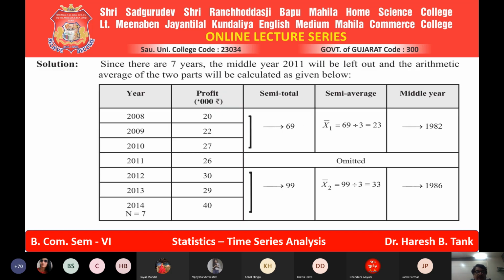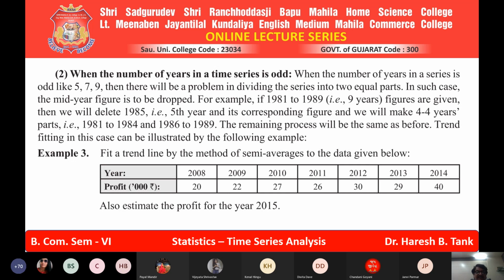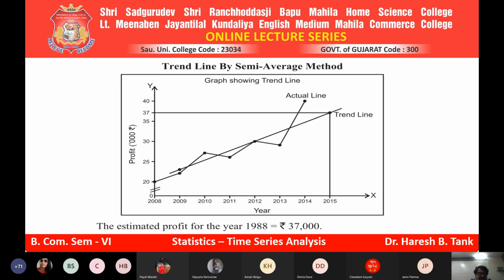Secondly, there was a question: estimate the profit for the year 2015. Data up to 2014 is given, and we have to predict what may happen in 2015. As I said earlier, the trend line you are drawing is to be extended. Mark one more point on the x-axis, which is 2015, and draw a line parallel to the y-axis at 2015.